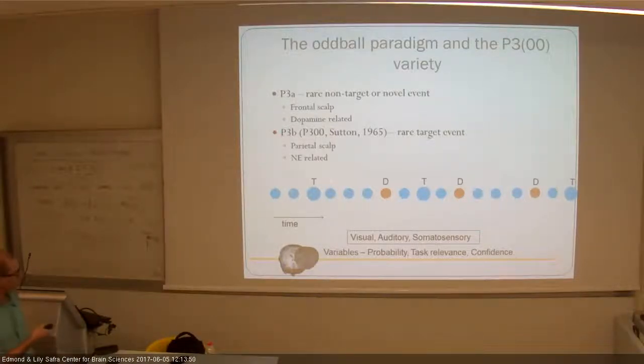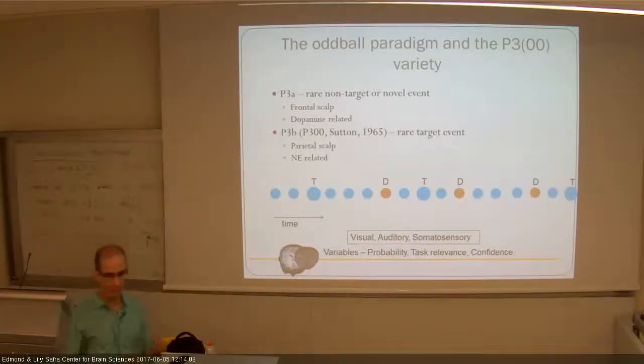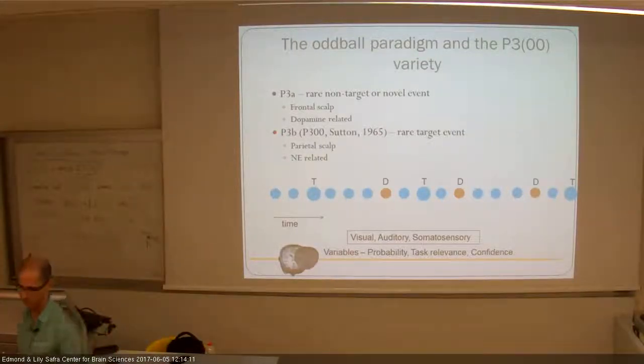And then what we see when we analyze the responses to the standards, the targets and the distractors, is that we get two positive responses, the P3A and the P3B. The P3B is known to some people as the P300, probably the most famous ERP.